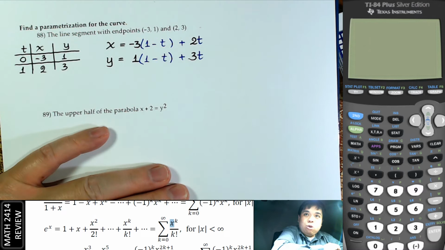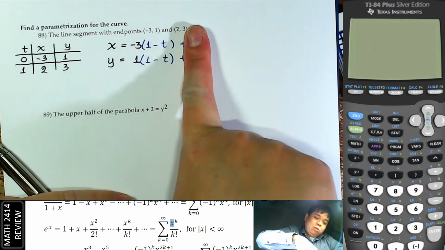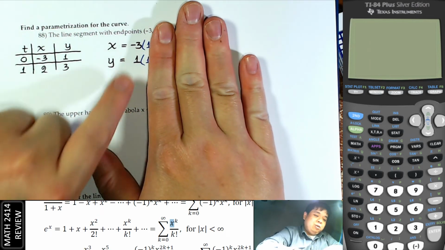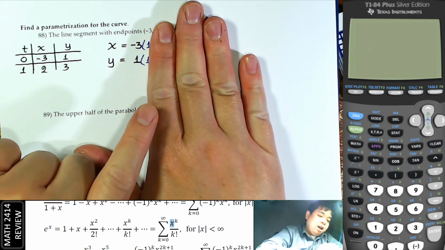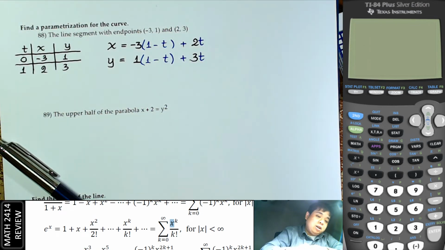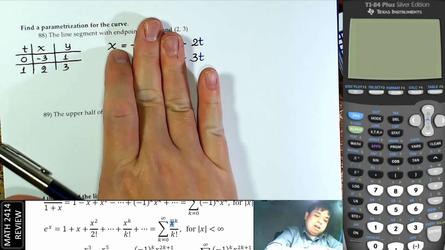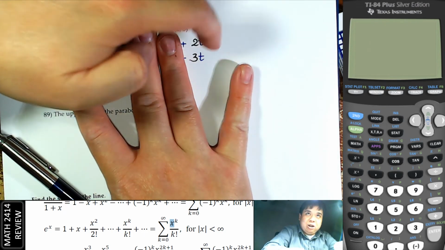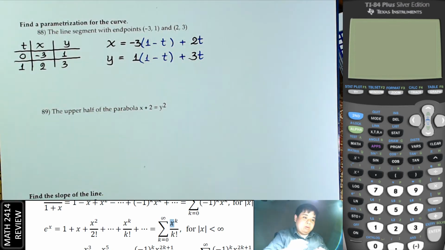Now let's check one more time. When t equals 0, that 1 is gone. We have negative 3 for x and 1 for y. Now, when t equals 1, this will disappear, and t equals 1, so we have 2 and 3. So that's pretty much it.